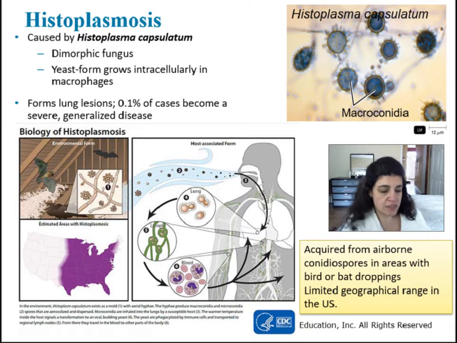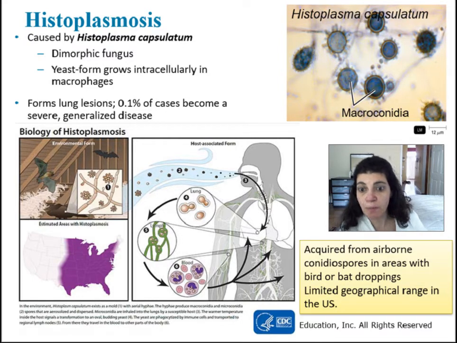These macroconidia are structures that are very typical to be seen in the mold. And they are usually useful for diagnostic purposes because they can be seen in the tissues too. Because they're dimorphic, they can change their form to macroconidia in the body, even though it's not their preferential temperature.